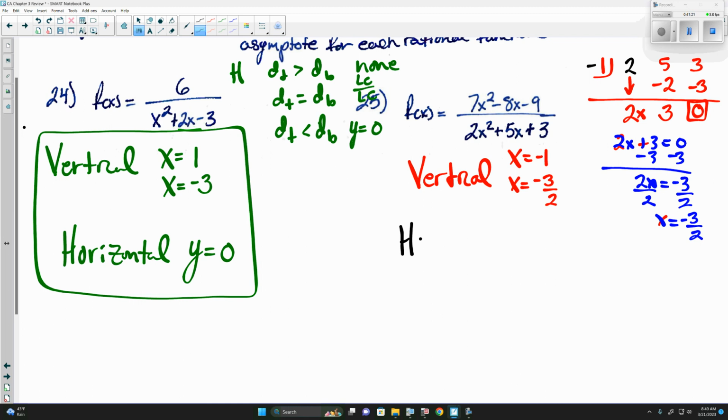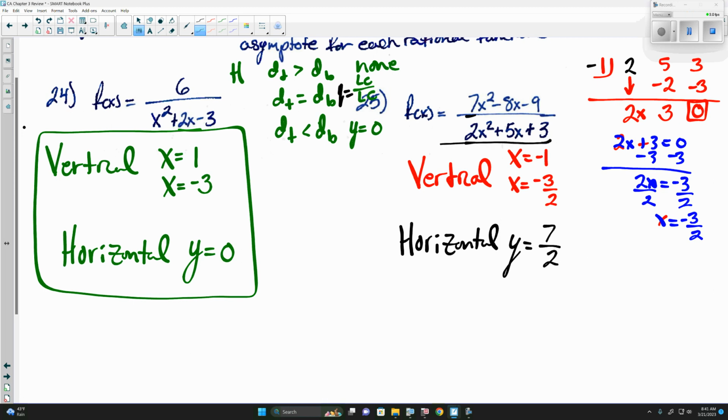Horizontal. Now looking at this here, so this should be y equals. Now the degree of the top is 2, the degree of the bottom is 2. So we take the leading coefficient divided by the leading coefficient. Well, the leading coefficients are 7 and 2.